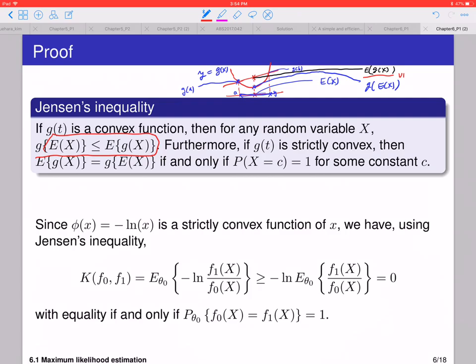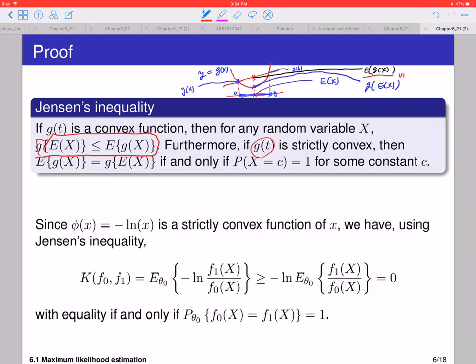But if this function is strictly convex, then we achieve equality if and only if this is a degenerate random variable.